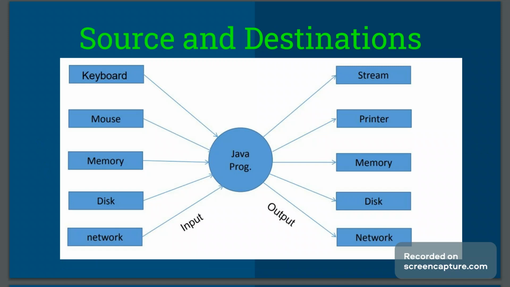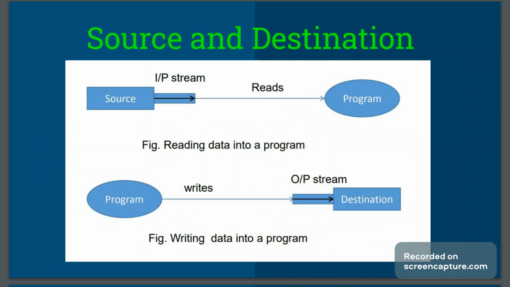Our destination can be a screen, printer, memory, disk, or anything on the network. We have the Java program as the central part of these file processing operations.